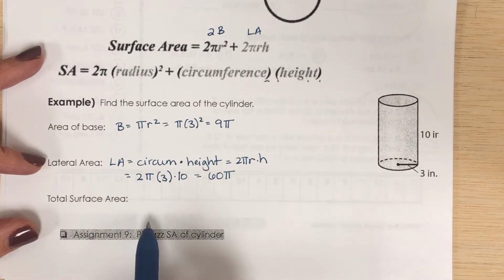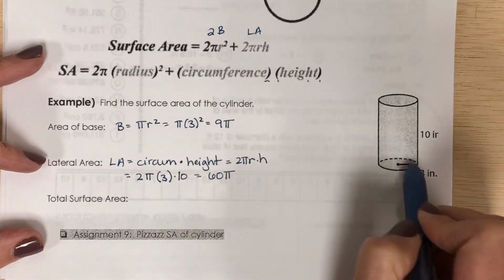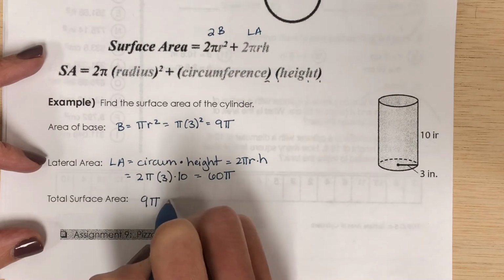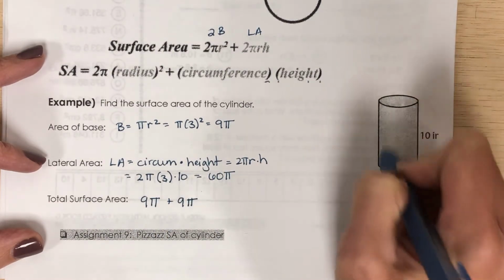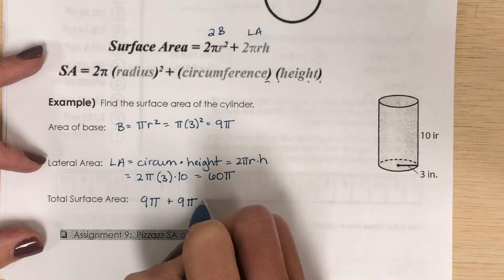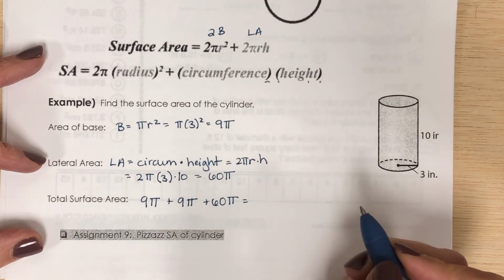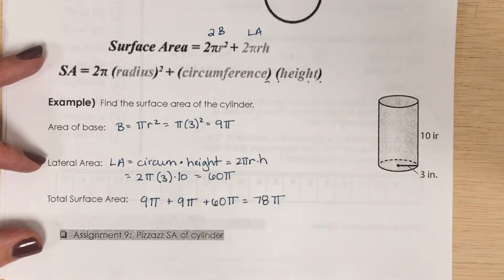My total surface area, I'm just going to add it all together. I have 2 of these bases, that's 9 pi and that's 9 pi. So 9 pi plus 9 pi, and now I'm going to add my lateral area, plus 60 pi. Well, that would be 18 plus 60, which is 78 pi. So that's my exact answer.